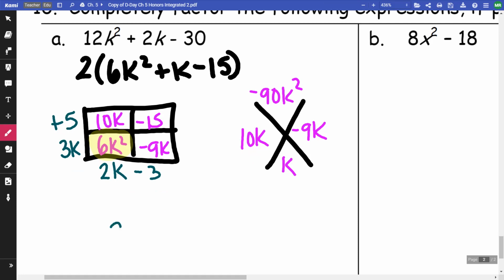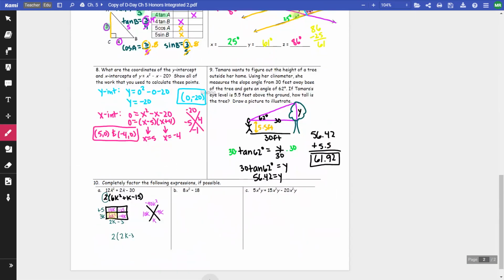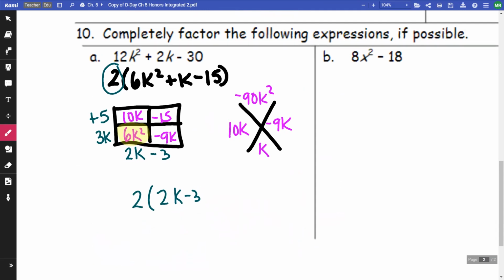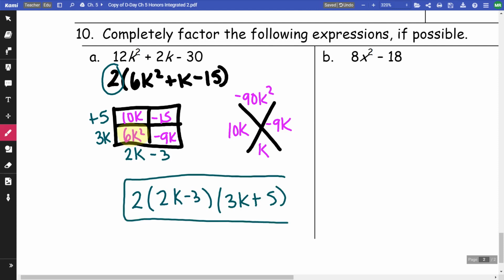So my factors, I have the 2 out in front, this 2 up here. Then I'm going to get a 2k minus 3 and a 3k plus 5. And that's my factors.